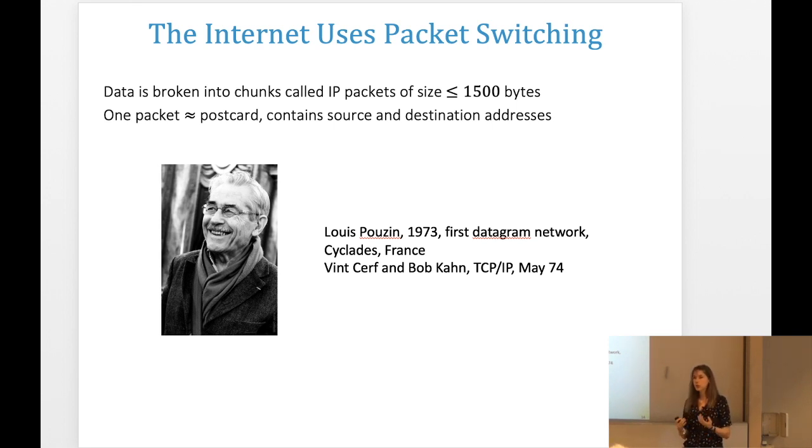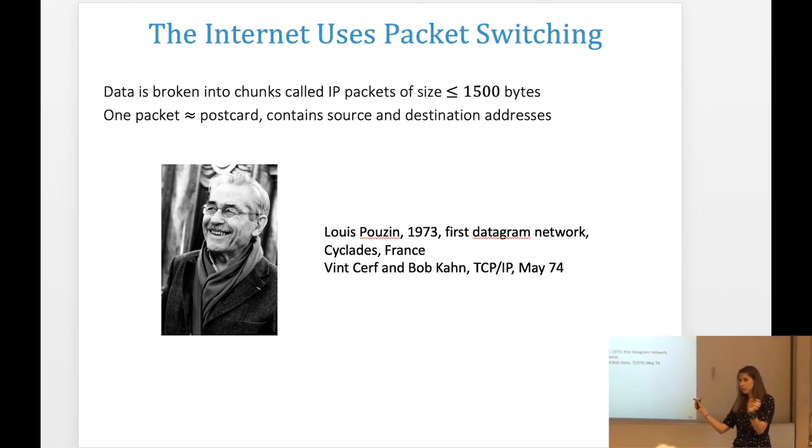So if you want to send, for instance, a huge email, this email will be broken into tiny parts, and each of these packets will be like a new postcard with a source and destination address. They will be sent, and then they will be reformed into the email that you wanted to send only at destination, apart from certain exceptions. Depending on the application you use, the size of these packets can differ, but usually the maximum IP packet size is below 1,500 bytes.